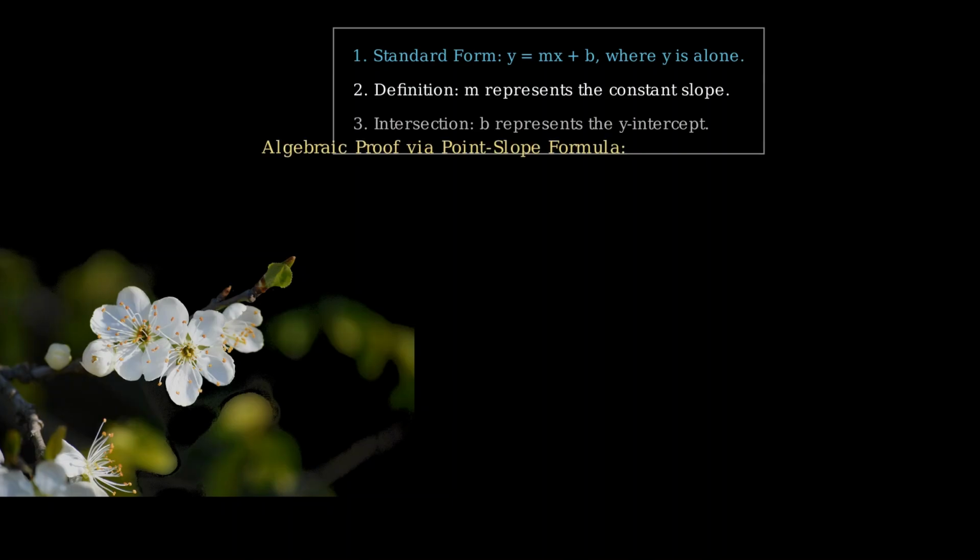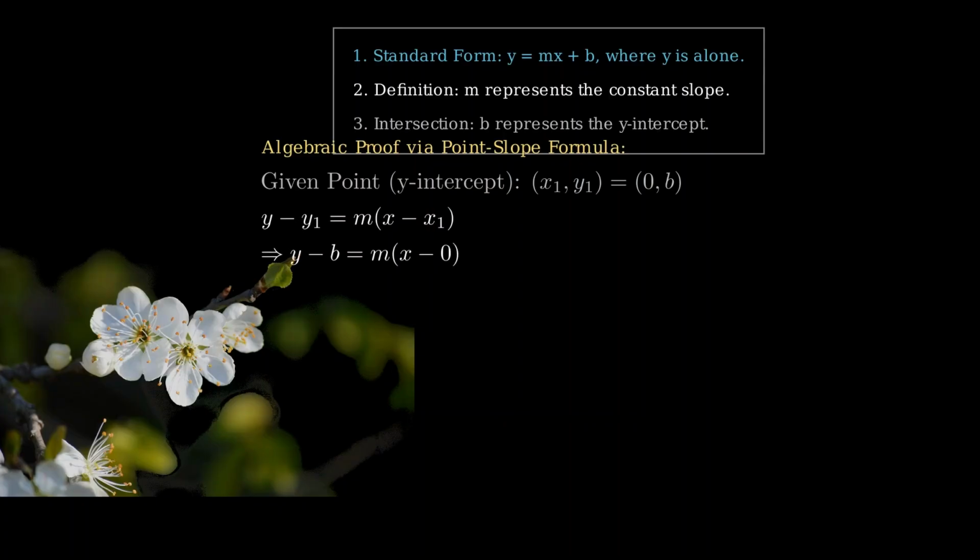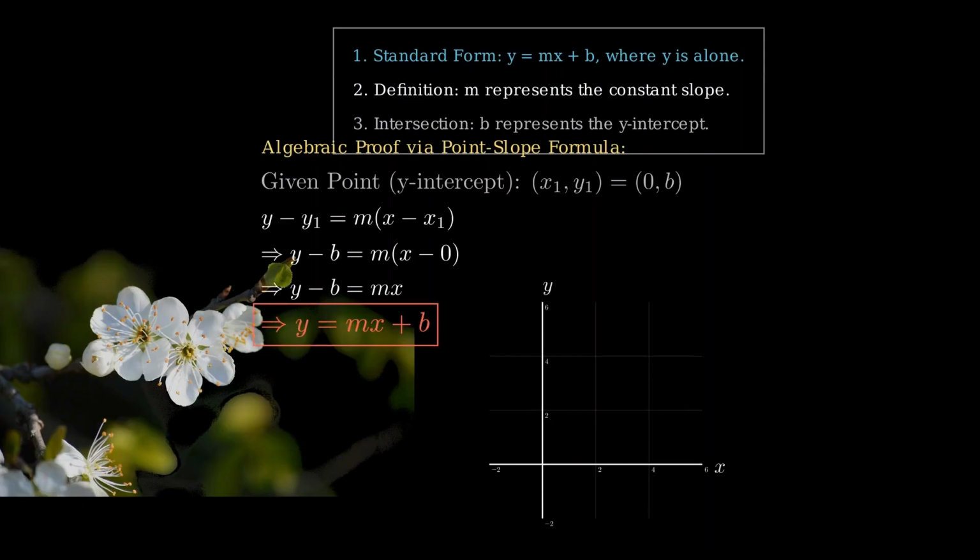To prove this, let's start with a line that has a slope of m and crosses the y-axis at b. This crossing point means the line passes through the fixed point 0, b. Now let's apply the standard point-slope formula, which is y minus y1 equals m times x minus x1.